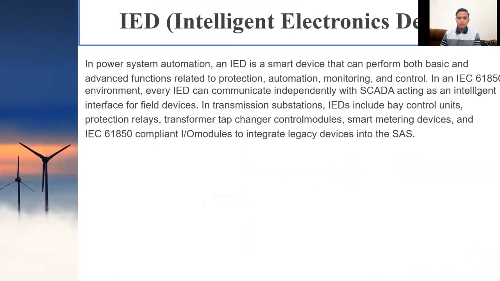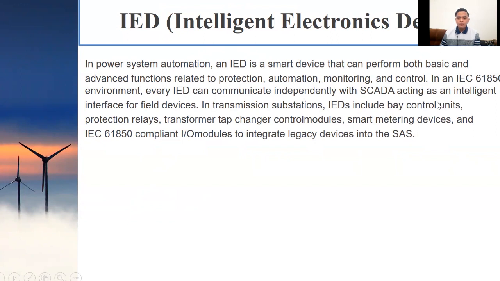So next is the main component, the IED or Intelligent Electronic Device. In power automation, an IED is a smart device that can perform both basic and advanced functions related to protection, automation, monitoring, and control. In an IEC 61850 environment, every IED can communicate independently with SCADA, acting as an intelligent interface for field devices.